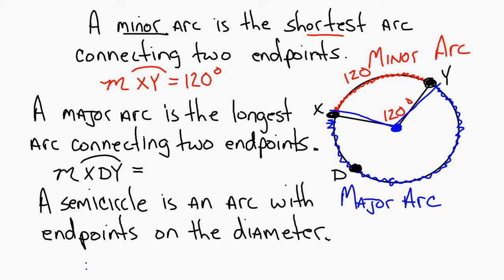These 2 angles have to sum to 360. So if you take 360 minus 120, this angle is 240 degrees. So the measure of arc XDY is 240 degrees. An arc measure is the same as the measure of its central angle.